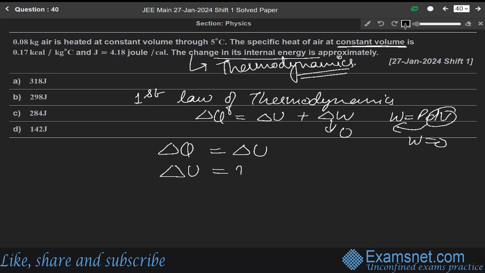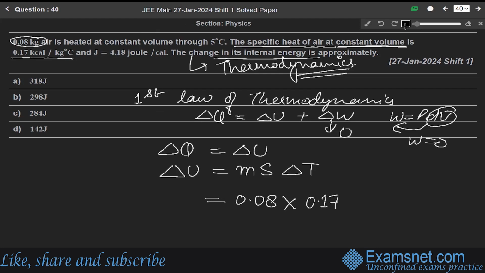We can write delta U as M S into delta T. M is given as 0.08 kg, and S, the specific heat of air, is 0.17 kilocalorie per kg. Kilocalorie means 0.17 into 10 to the power 3 into calorie.